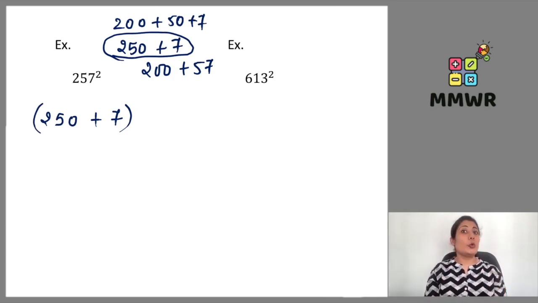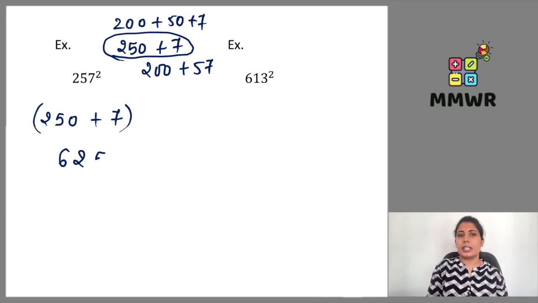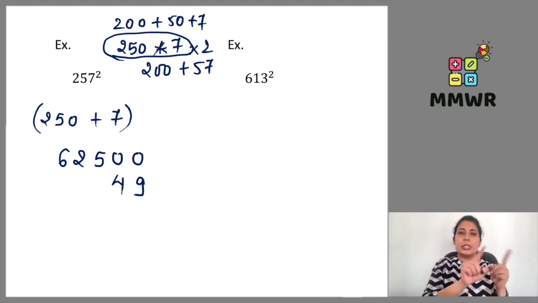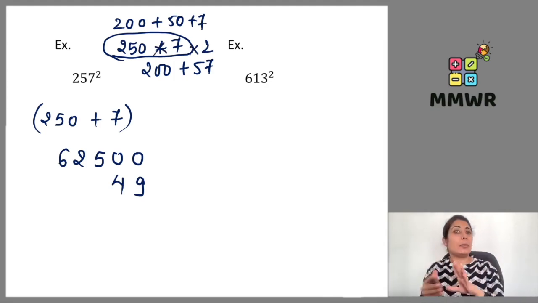So square of 250, that means square of 25, and here we have 1 zero. So square of it will have 2 zeros, just double of it. So 25 square is 625 with double zeros. Square of 7 is 49. Then here I have to multiply 250 multiply 7 multiply 2.